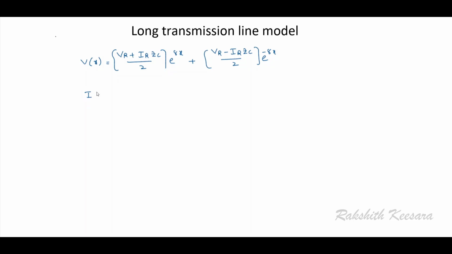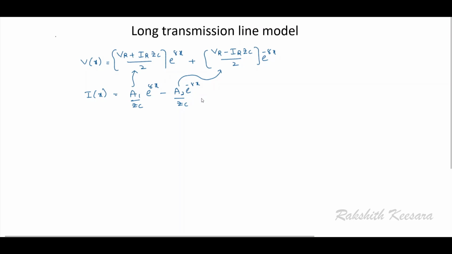Similarly, Ix is equal to (A1 e power gamma x minus A2 e power minus gamma x) by Zc. We found out the constants A1 and A2 by using initial conditions.